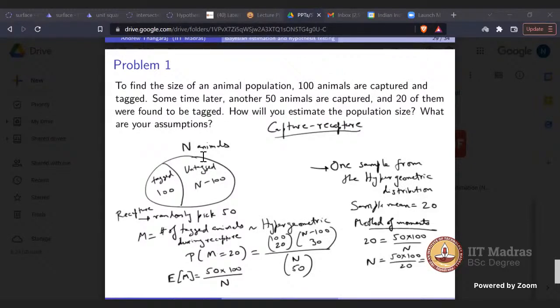You have some model, and from there you want to estimate something. Looking at the situation, we figured out that it follows the hypergeometric distribution, and from there we used the method of moments estimate to estimate the population size.